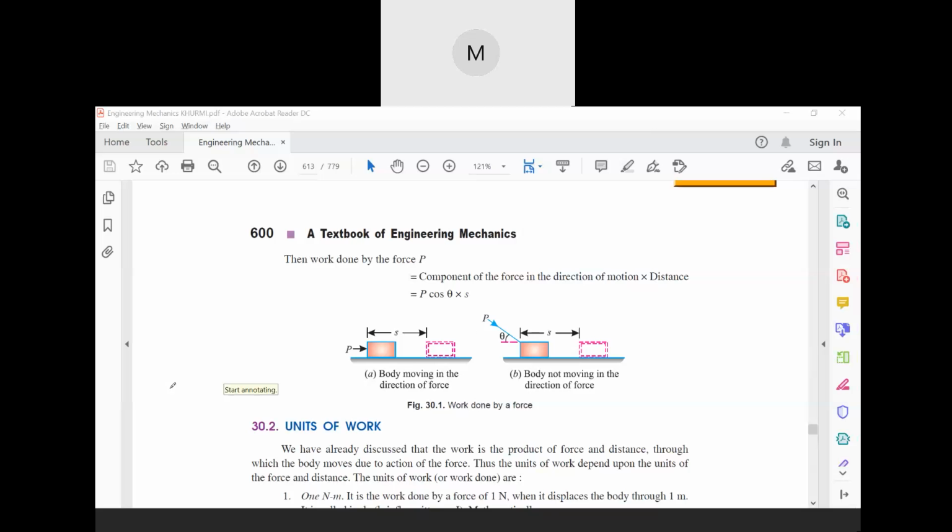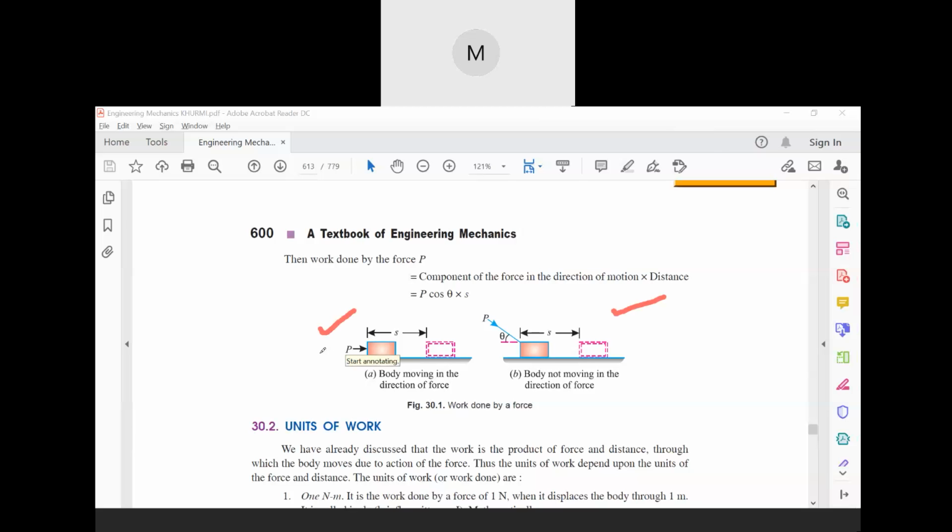If you see in figures 1 and 2, what is the difference?